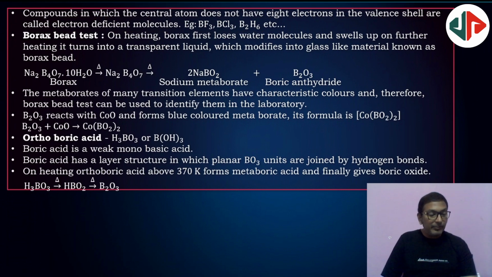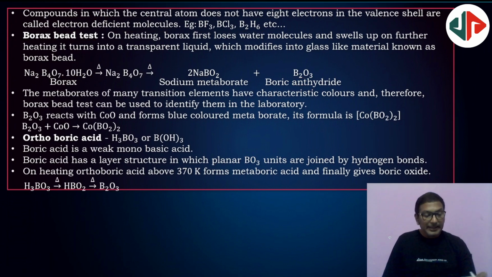Next, the borax bead test, very, very important for competitive exams. So, what is borax? Na2B4O7·10H2O. On heating, it first loses 10 water molecules to form anhydrous borax, Na2B4O7, which on strong heating releases NaBO2, sodium metaborate, and boric anhydride.